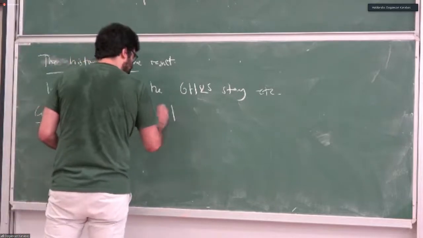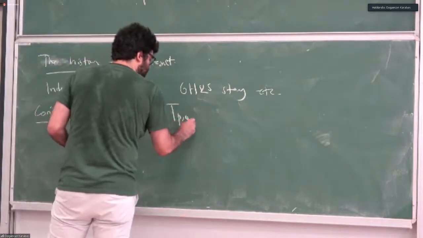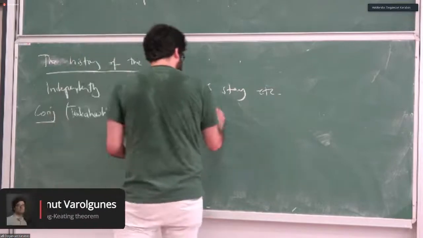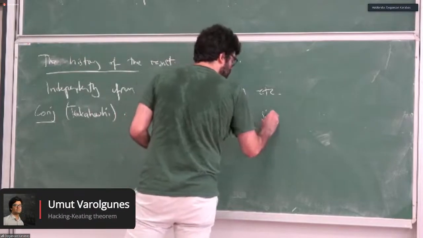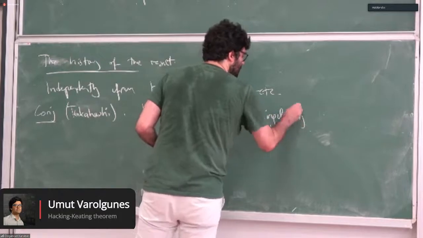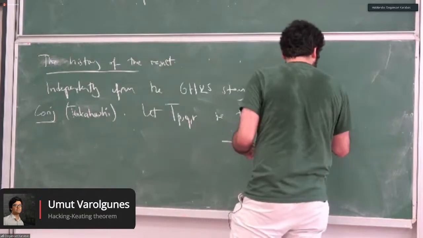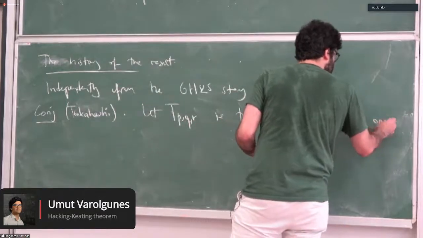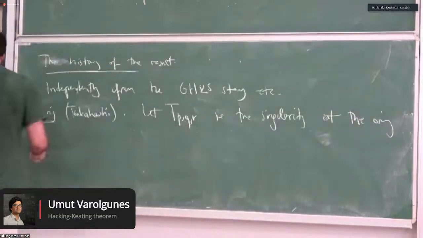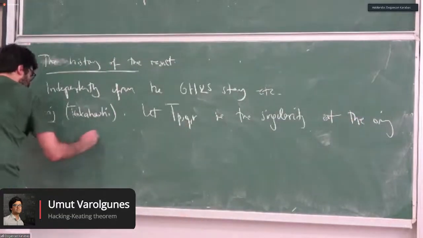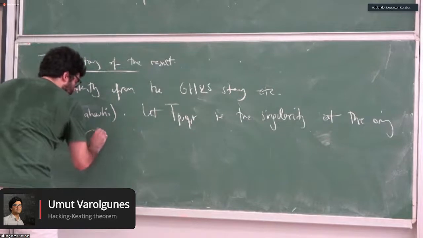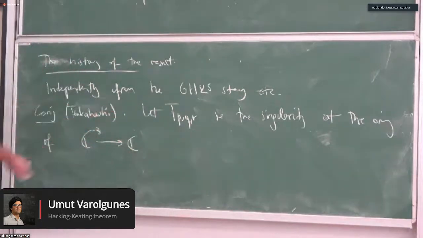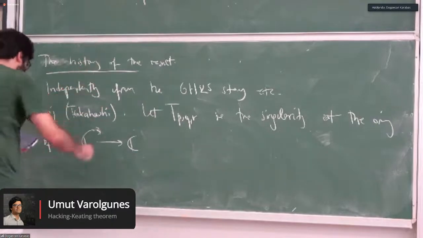So let T_PQR be the singularity at the origin of the following polynomial from C^3 to C. So it's going to be a family depending on these positive integers P, Q, R. In fact, they're more than positive.